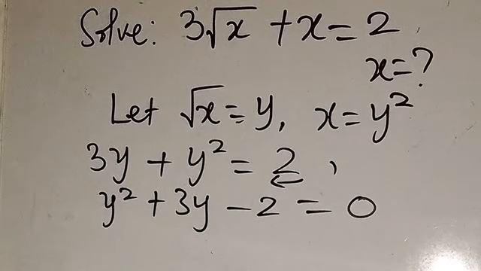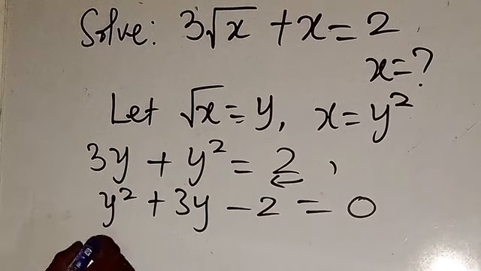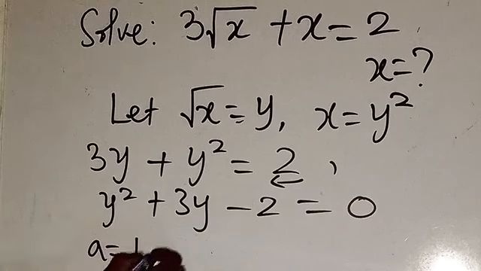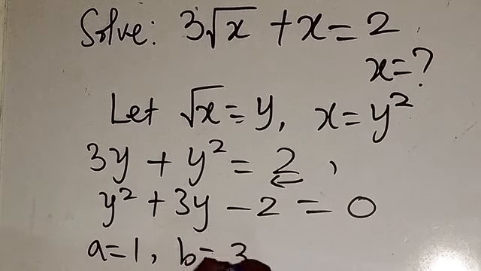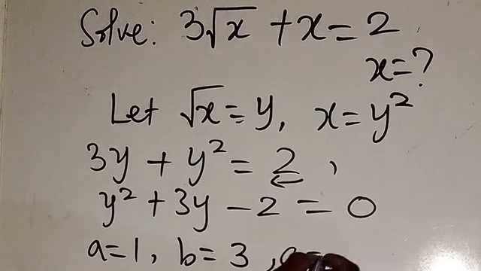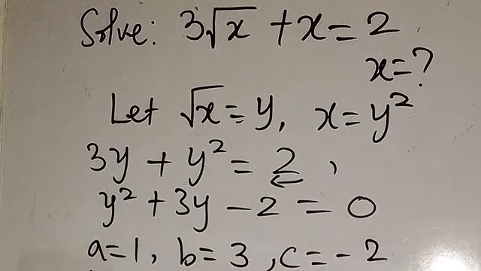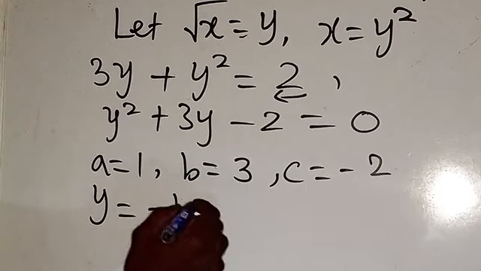This is very easy to solve, but we are going to use the quadratic formula in finding the value of y here. Therefore the coefficient of y squared is 1, for y is plus 3, and the constant term is what? It is minus 2. So we are going to have y equals the quadratic formula.